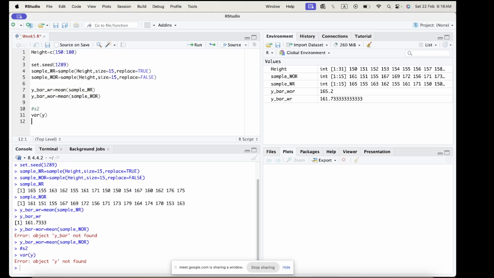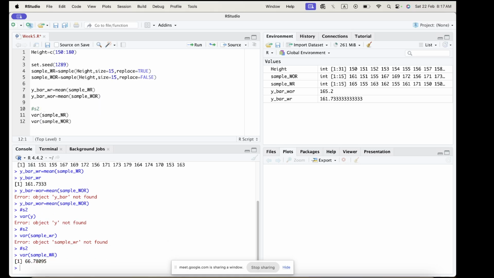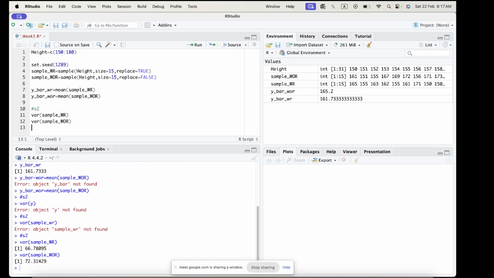I should write sample WR. This is small s square, whatever I'm getting. For sample WOR, this is 66 and this is 72.31429.